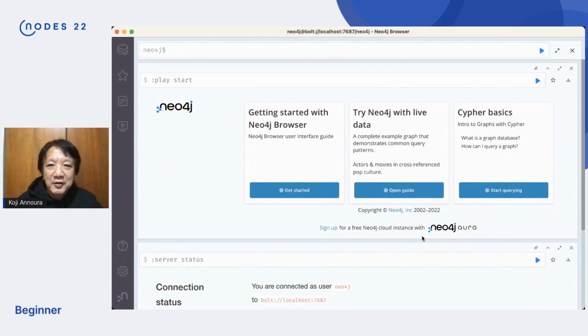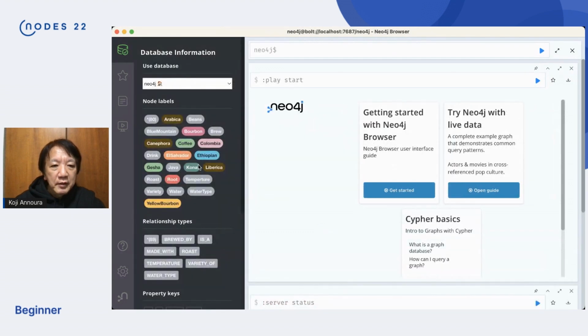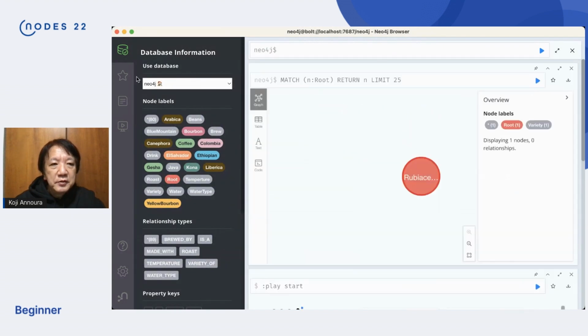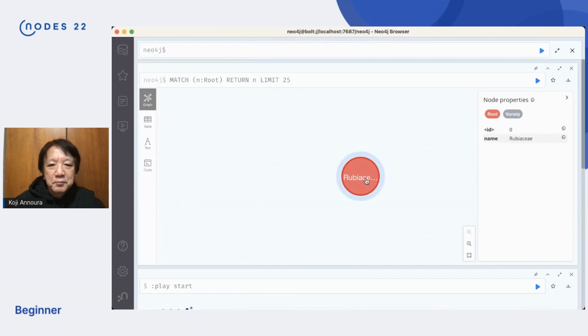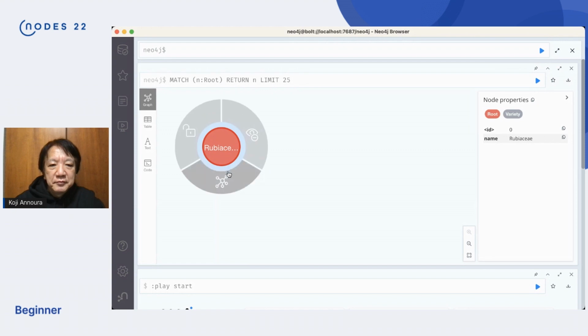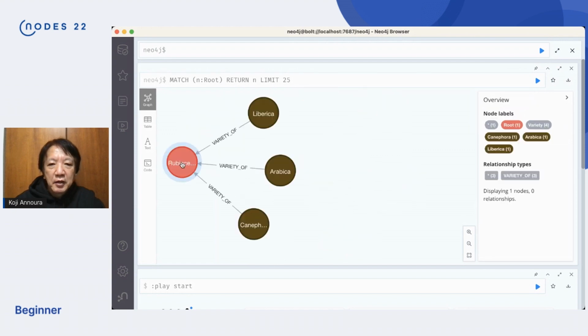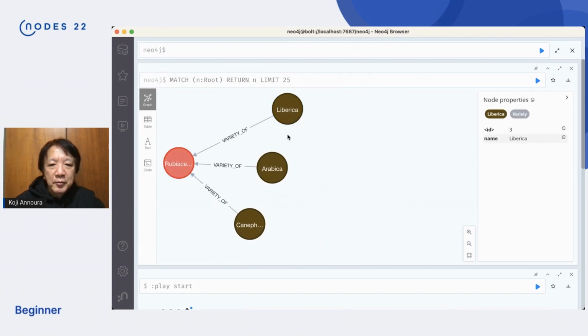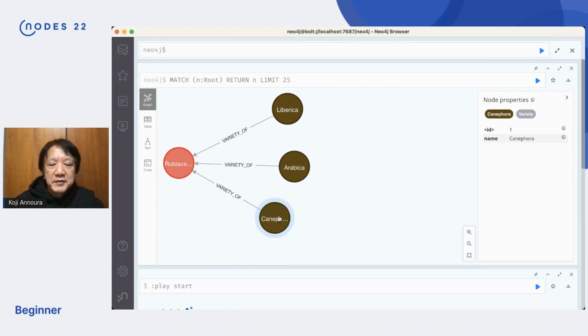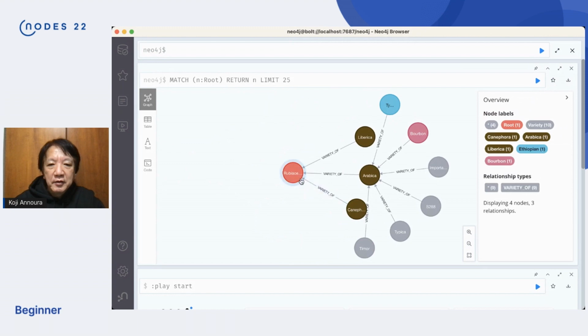This is a screen of the Neo4j browser. And the root, yes, this is the root, beans here. It has Liberica and Arabica, and Canephora beans.